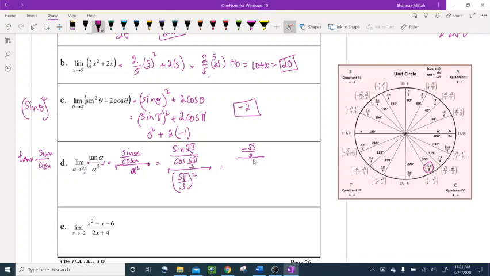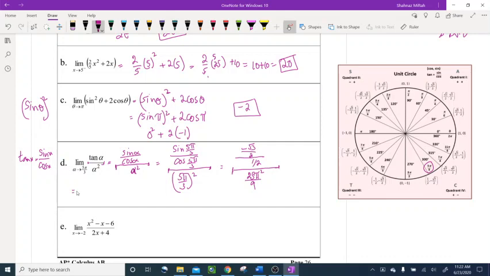It's half. So I'm going to make half. And I have a big fraction again. And 5 pi over 3, if you square it, is going to give me 25 pi squared over 9. Okay, let's fix this. It's not that hard. It looks like that, but it's really easy.